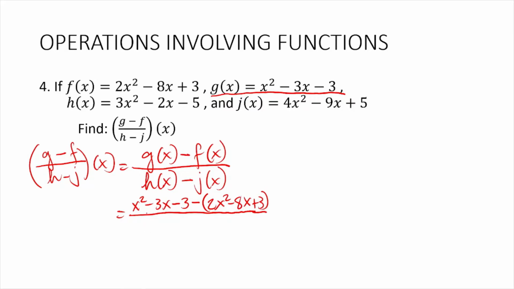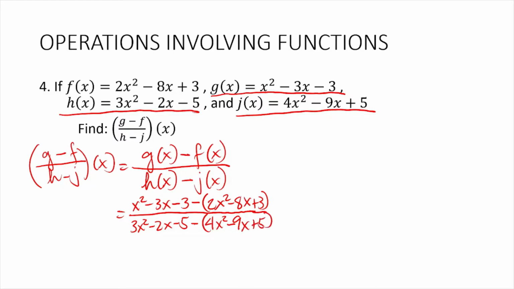And then let's proceed to the denominator. H of x is 3x squared minus 2x minus 5. And then we subtract j of x. J of x is 4x squared minus 9x plus 5. Okay.